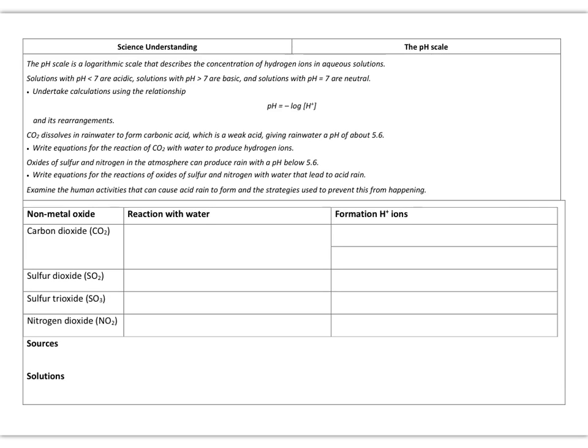So what we need to do is just understand the chemistry of these processes. We've actually already in the previous video talked about the reactions of these chemicals with water. Well, not all of them, but most of them. So for example, carbon dioxide will react with water to form the carbonic acid.